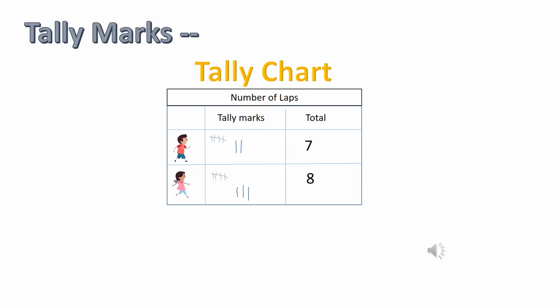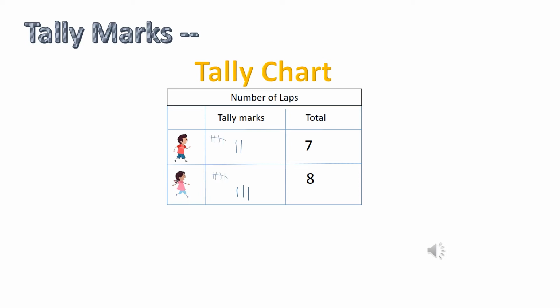Here's an example of a tally chart. So let's just pretend that I wanted to make a chart of the boys versus the girls. And I figured out which boy and which girl had the most tally marks on their card. Now, I'm just making this up because I don't remember.